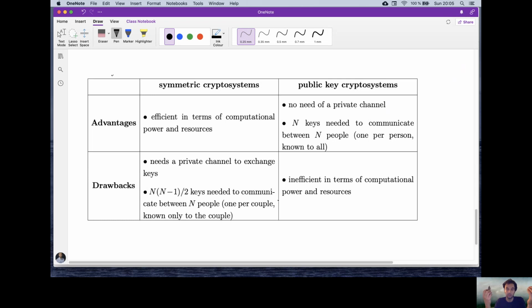So in terms of computational power, if you want to cipher a very big amount of data, well, with symmetric cryptosystems, it will take much less time than with public key cryptosystems. But if the data is very sensitive, you have to use public key cryptosystems because they are much more secure, okay?